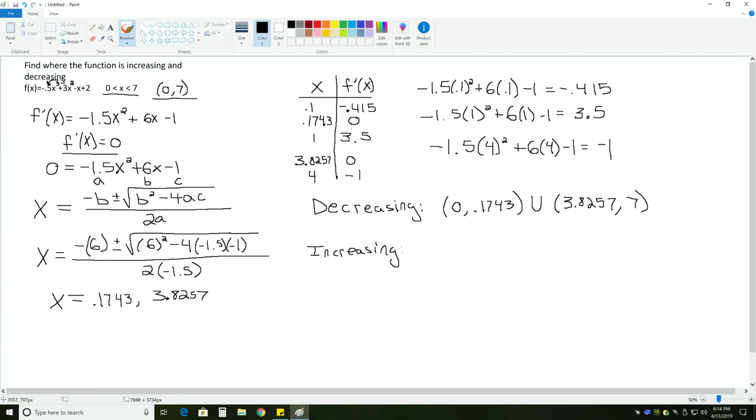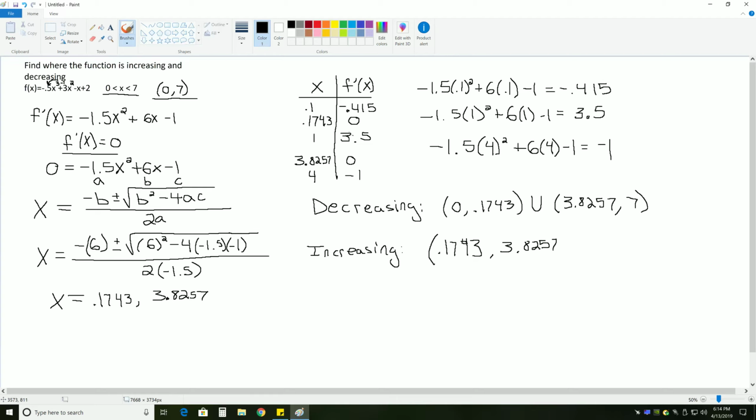Now we're going to go back to our table, and we're going to start back at this point, 0.1743. And we know that from that value all the way until 3.8257, we had a positive slope.